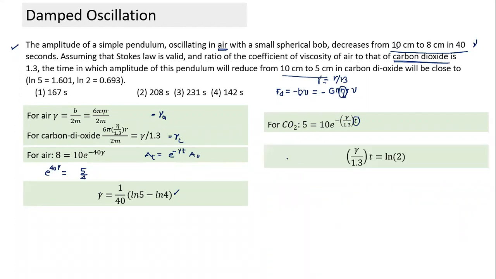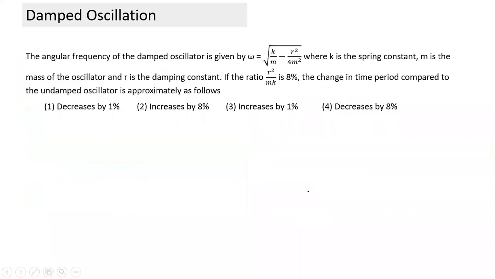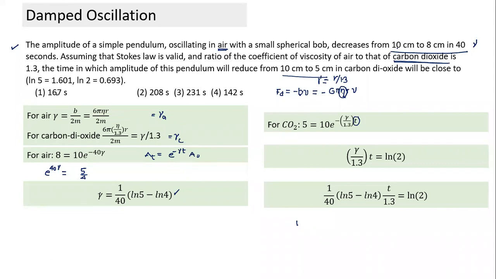So again, e raised to power gamma t divided by 1.3 comes equal to log 2. Substitute the value of gamma as 1 by 40 log 5 by 4, and simplify. What does t come to? In this exam, the values of these two terms were given. You can simplify, and it comes equal to 167.